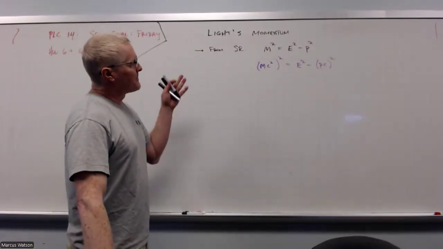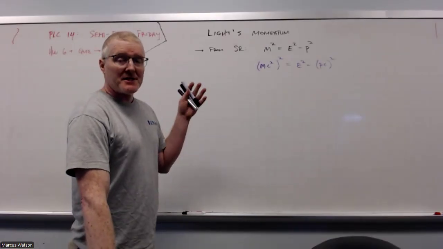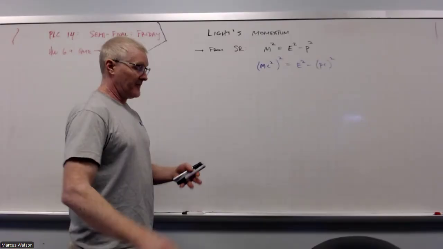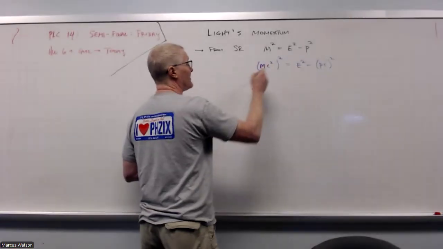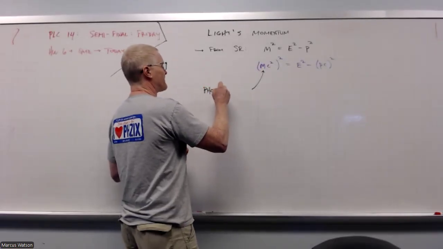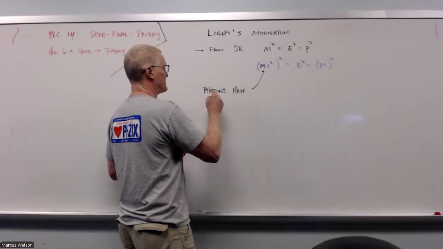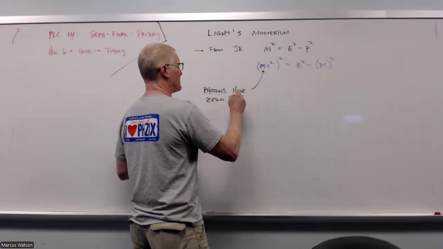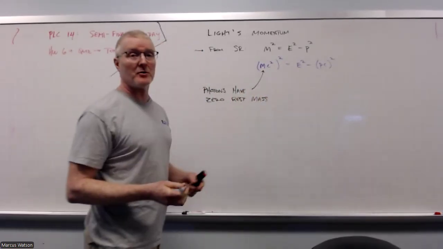But nonetheless, the idea with a massless particle such as light, if you think of photons, right, then you have basically 0 here. Photons have 0 rest mass. And the reason is because there's never a rest.